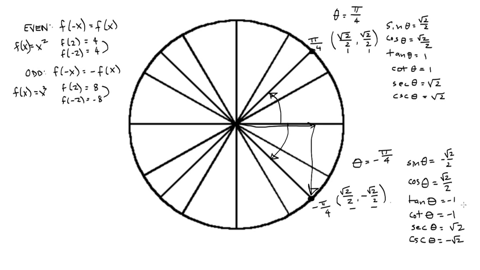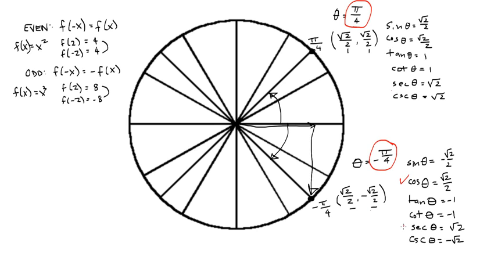So the question is, which trig functions, when I put in my negative angle, do I get the same answer as my positive? Those are my even functions. What are they?